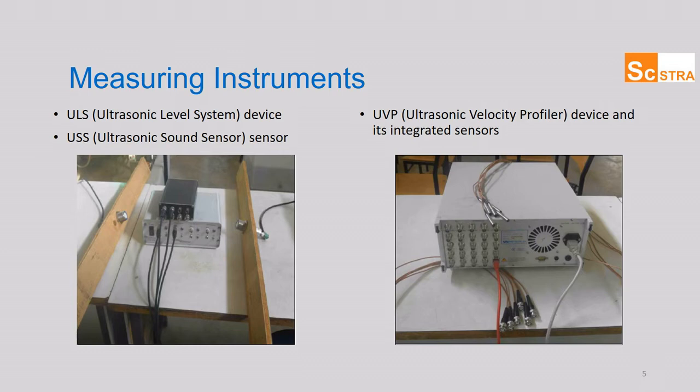The ultrasonic velocity profiler device is normally used for velocity measurements, but we use the device to measure time-dependent scour or deposition depths.